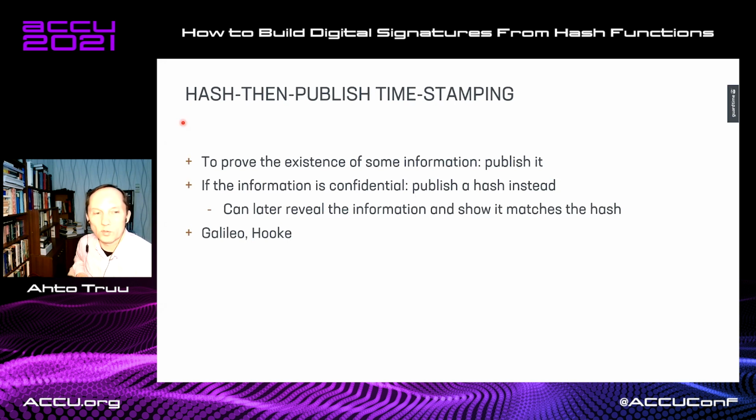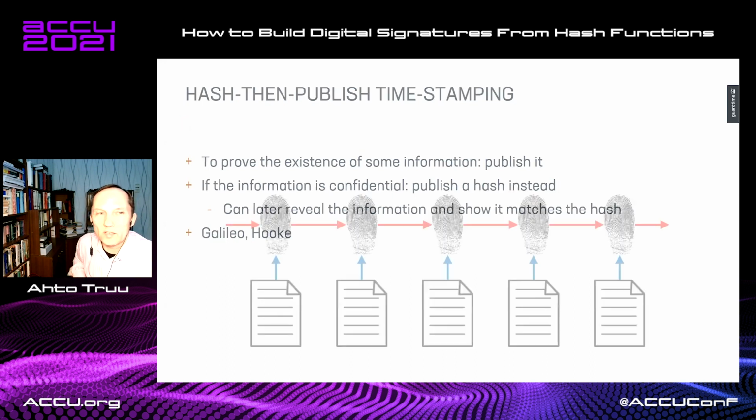Now, in today's terms, if you are in the same position as Galileo was in 1610, you can write up your invention or your revolutionary theory in a text document. You can hash the document, and you can publish the hash value on Twitter or maybe in a newspaper, depending on how conservative you are and how strong and long-term evidence you want.